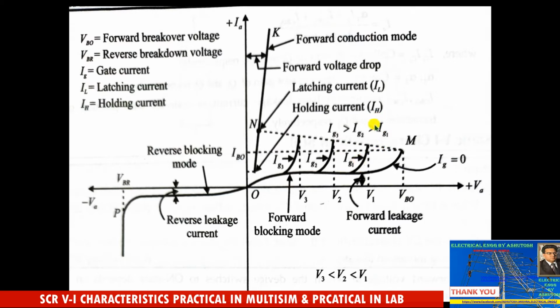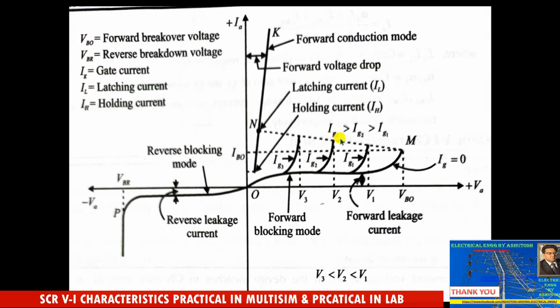If you supply less Ig current, a low gate pulse, more voltage is required. So it will turn on, but it will require more voltage up to here, and then it will suddenly turn on and stay on. When Ig2 is provided and it is greater than Ig1, a little less voltage is required, as you can see over here, and then it will turn on.